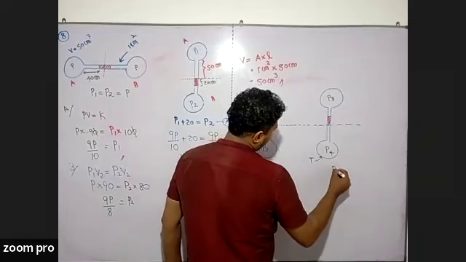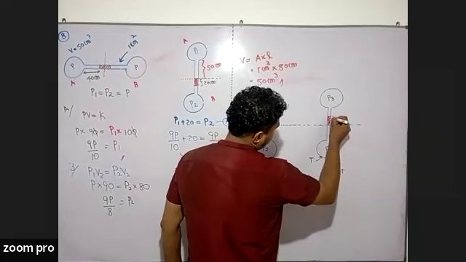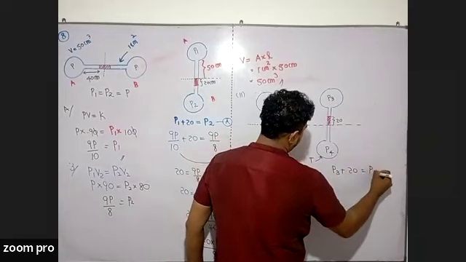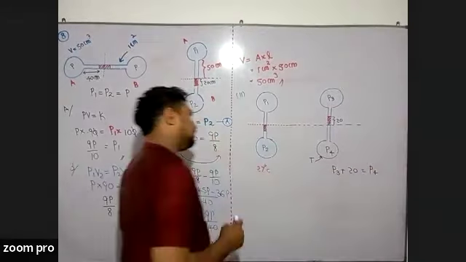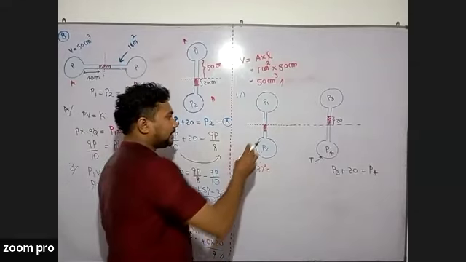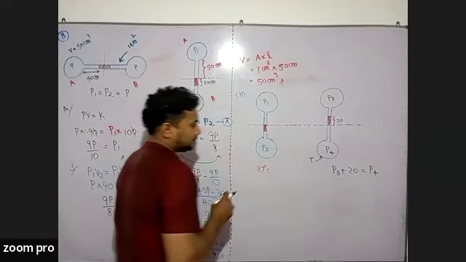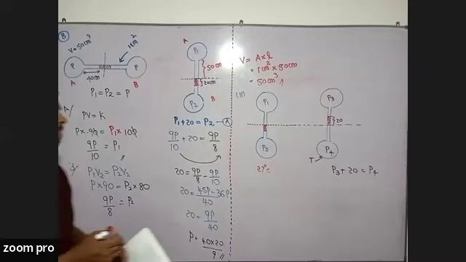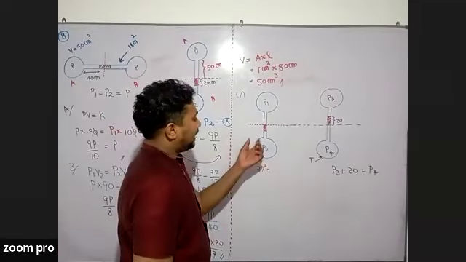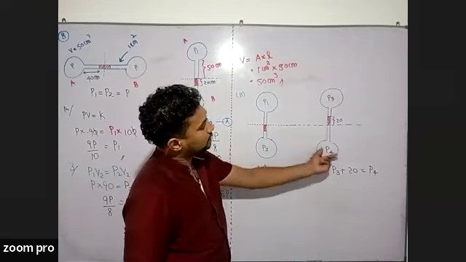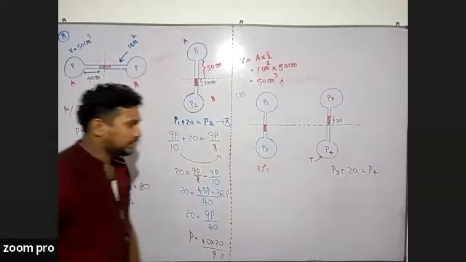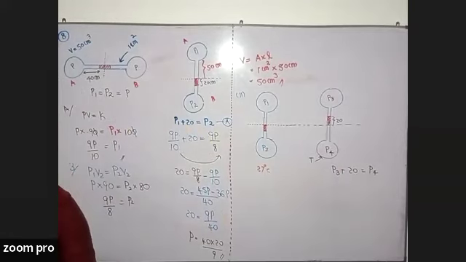That is P3 plus 20 equals P4, right? And now if we consider these two instances, the volume and the temperature have changed, and at the same time the pressure is also getting changed.